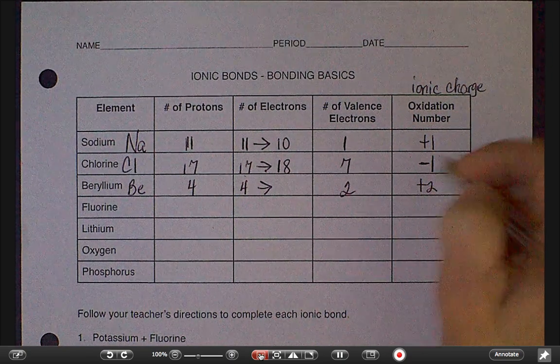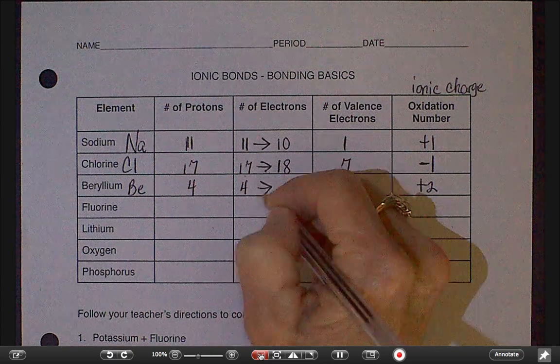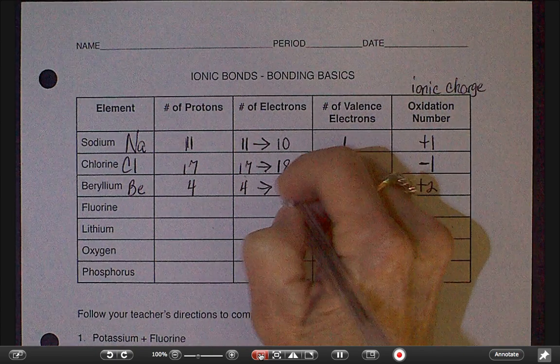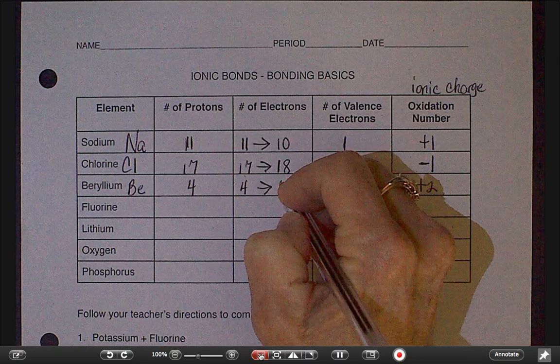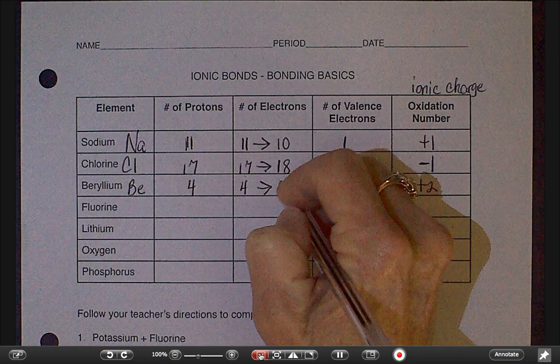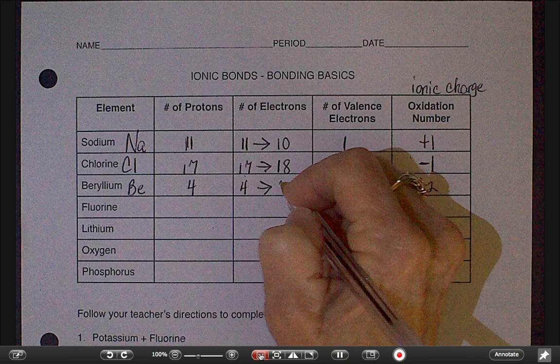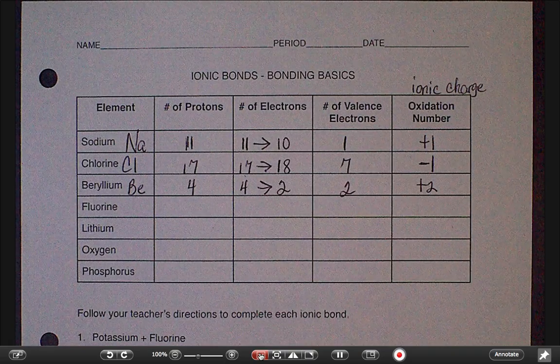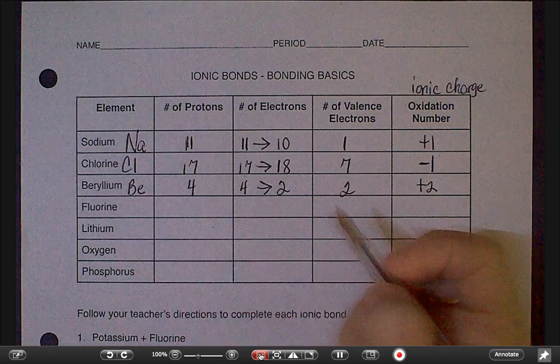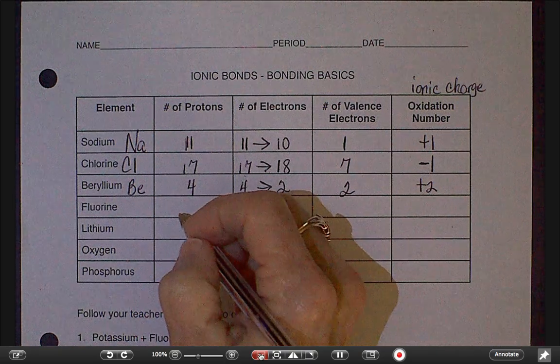Plus 2. So what happens here? Loses 2. So it goes to what? 2. All right, leaving it with the helium configuration.